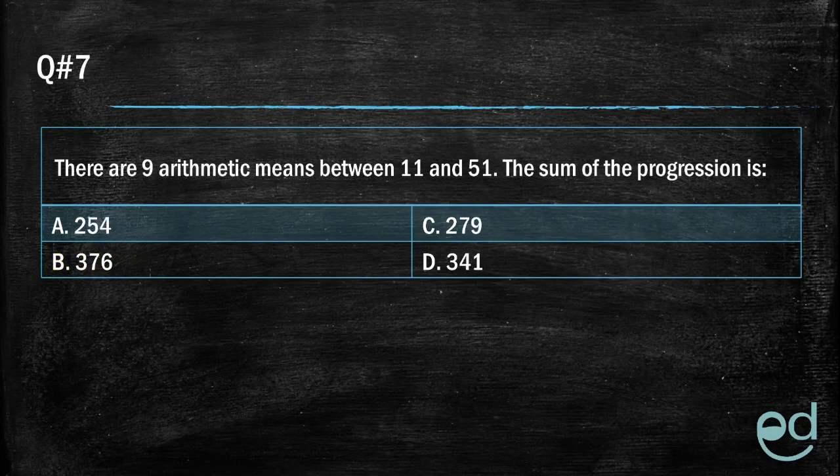Question number 7. There are 9 arithmetic means between 11 and 51.